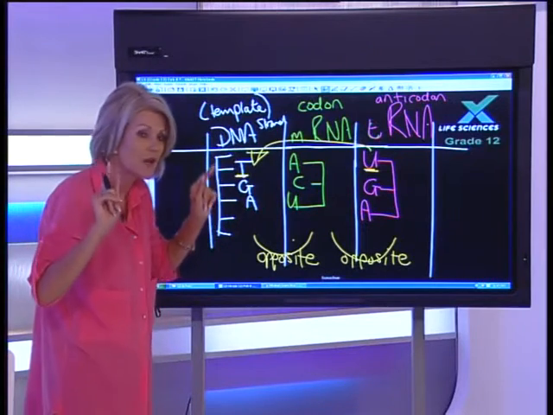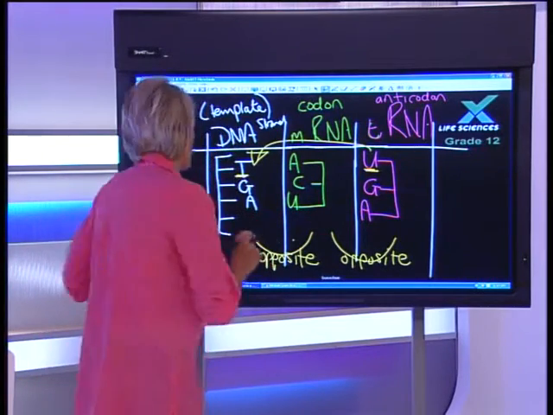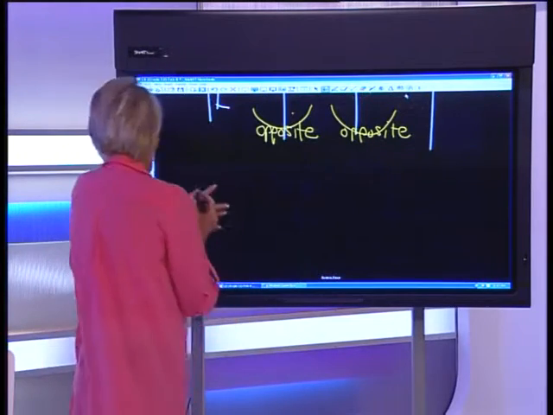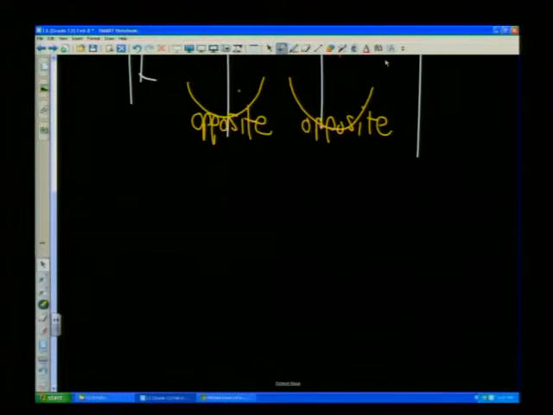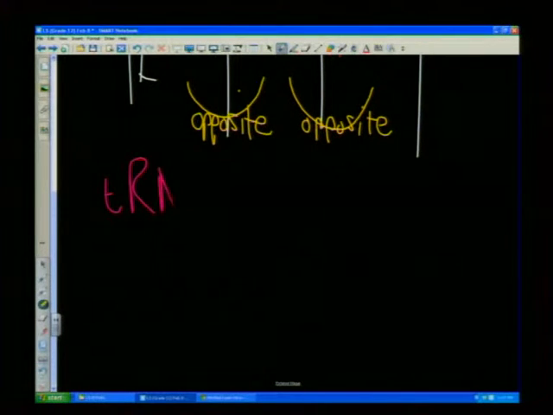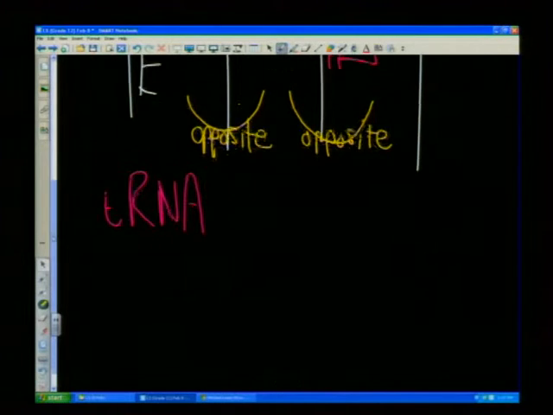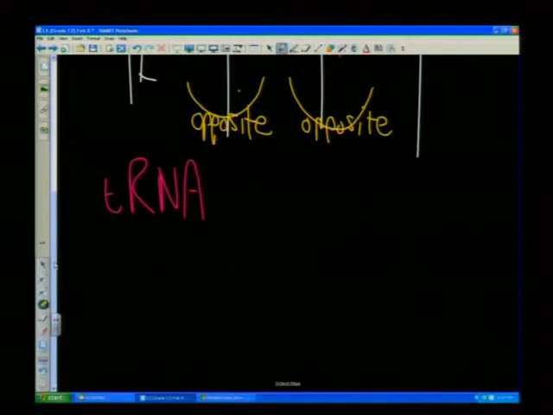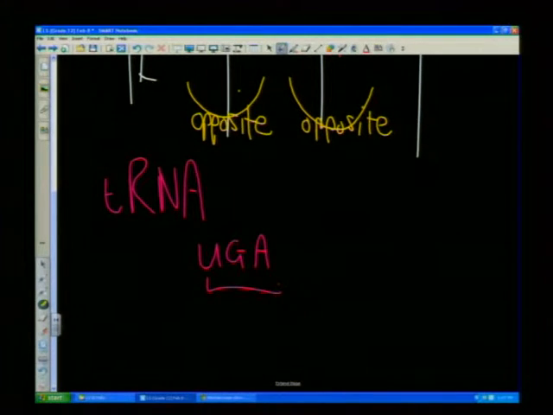Because what happens now is that this transfer RNA, the tRNA, of UGA, this is this little thing here.